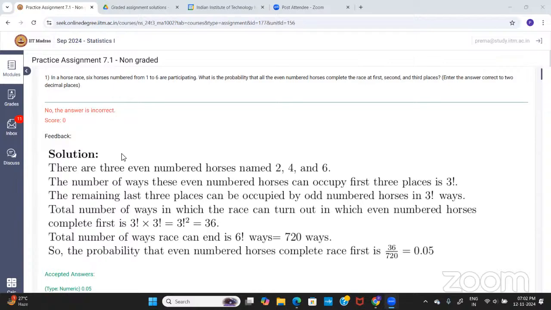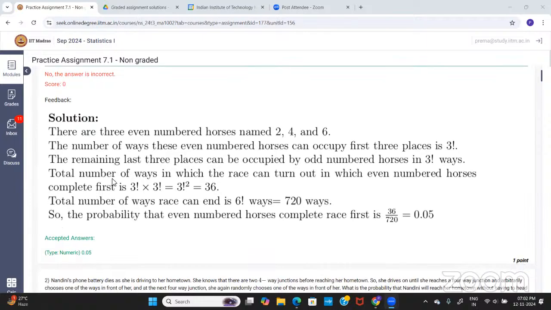For the first position there are 3 even numbers, so the probability is 3 by 6. For the second position, one number is gone and one horse is also gone, so 2 by 5. For the third position, only one even number will be left and 4 horses will be left, so 1 by 4. Then I got 6 by 120, which is 0.05.